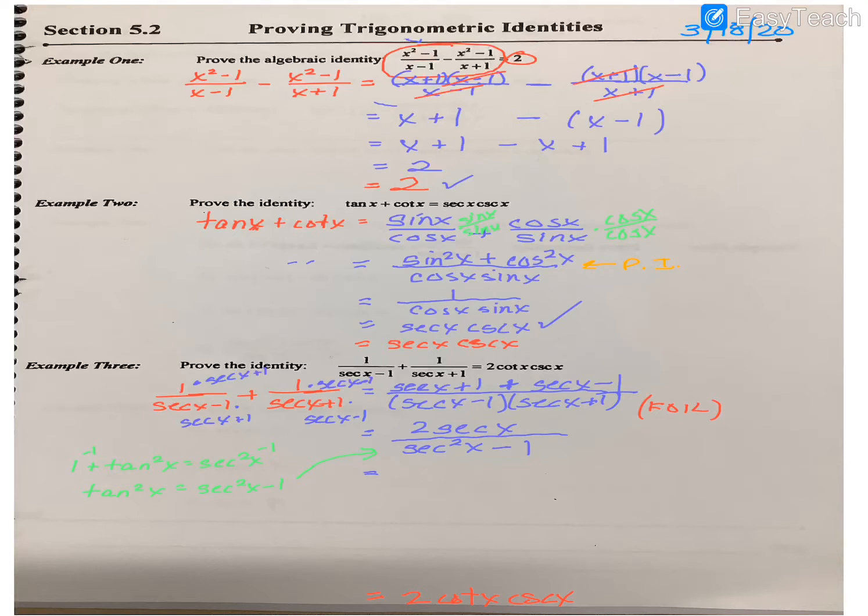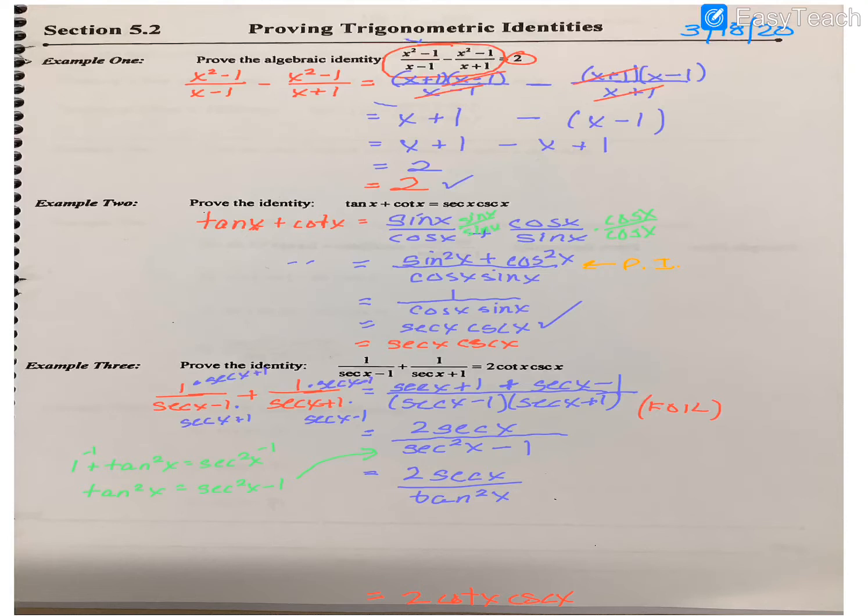So, next line, I'm still going to carry down my 2 secant x. Secant squared x minus 1, I'm going to replace with tangent squared x. Okay, at this point, you kind of have to pause and think. I see the 2 that I need. I'm supposed to have secant x, tangent squared x, and I have secant tangent squared. I'm supposed to have cotangent cosecant.